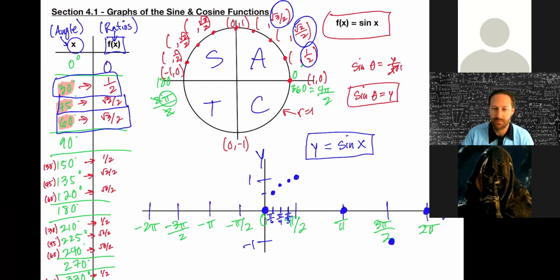And those 30, 45, and 60 ratios are going to be the exact same in every single one of these quadrants, which means we should now be able to graph what is called the sine wave or sine curve.